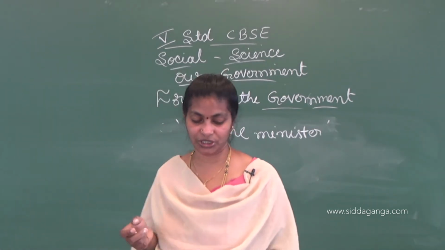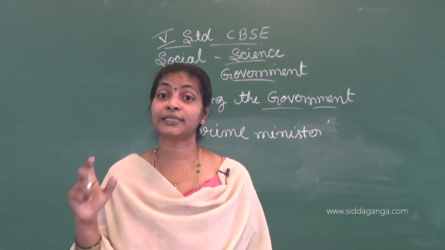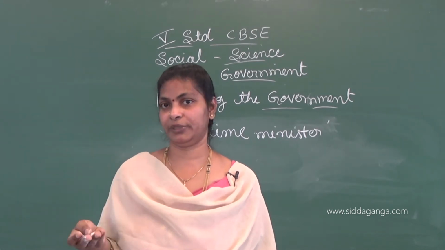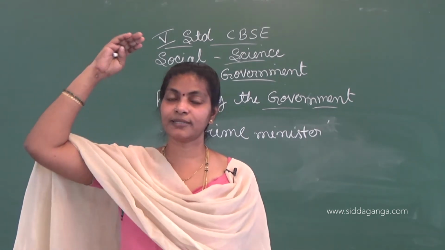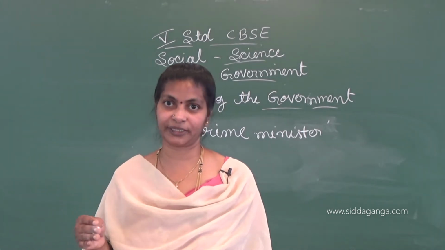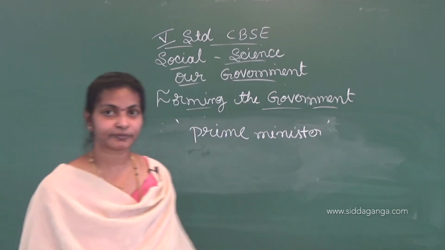This is the situation. Next, we learn about the state government. I already told you there are two levels of government, isn't it? One is the central government. The second one is the state government. Let us learn about the state government.